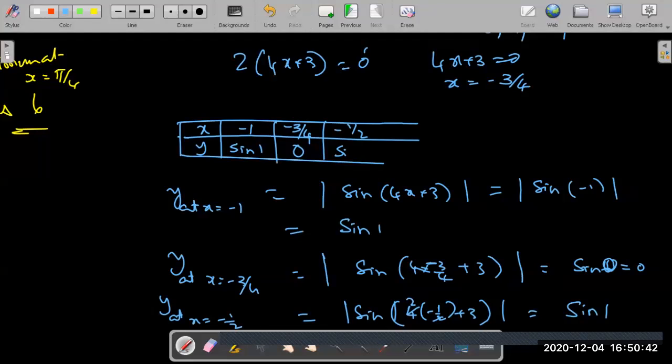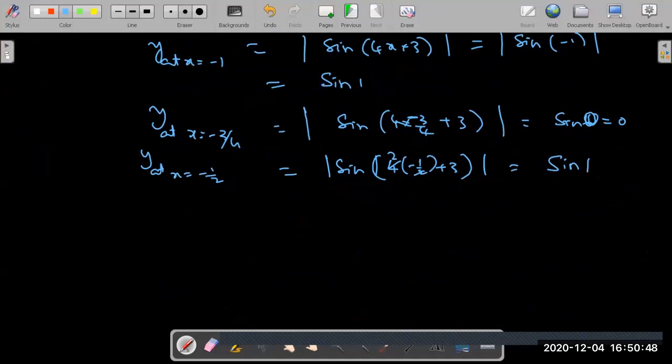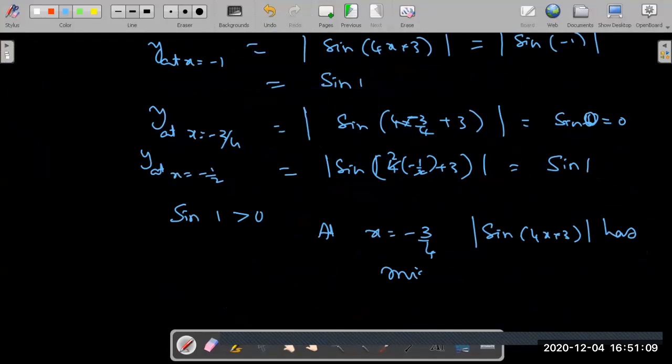So this is sine 1. Definitely sine 1 is greater than 0. So that's what we'll be writing: sine 1 is greater than 0, which means at x equal to minus 3 by 4, whatever is the function, that is sine 4x plus 3, has minimum value.